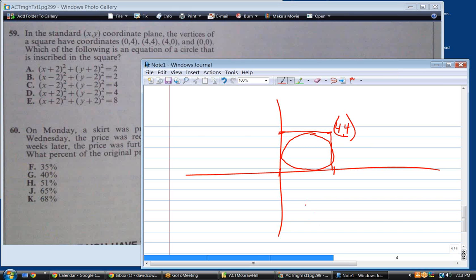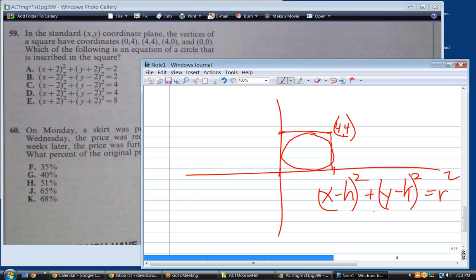Well, okay, what's the general formula for the equation of a circle? X minus h squared plus y minus k squared equals r squared. And then the radius is 2, so that would equal 4.